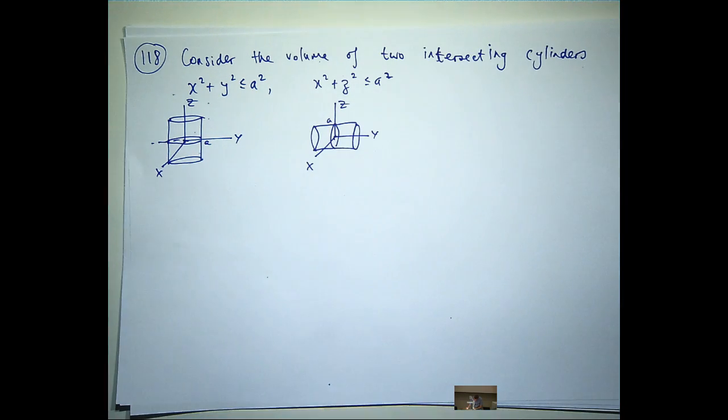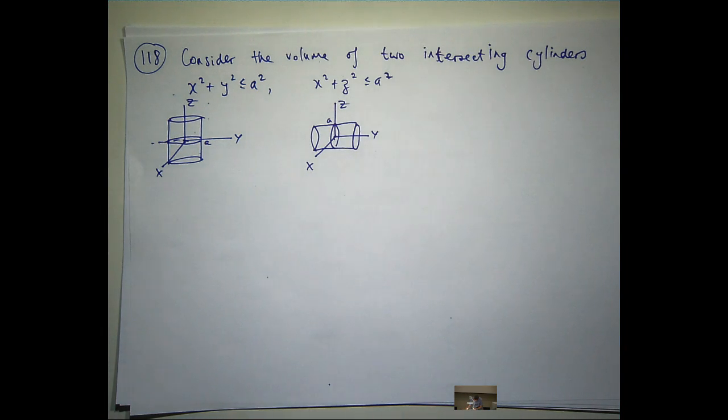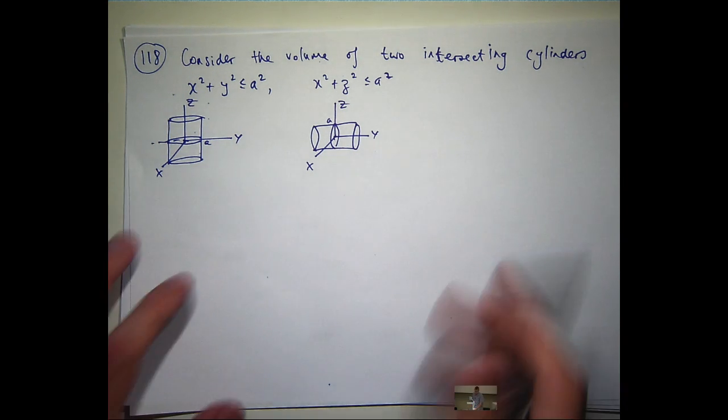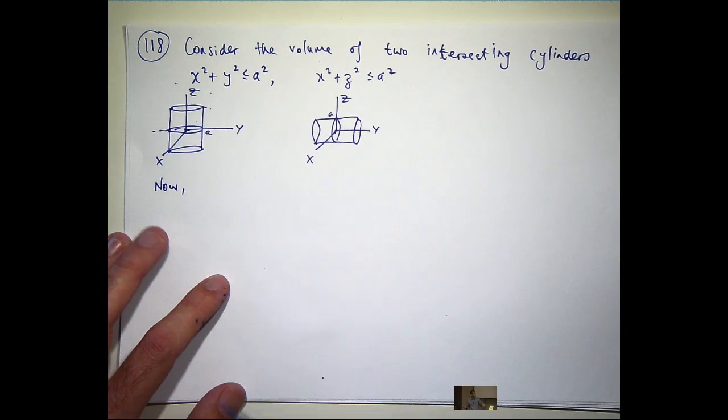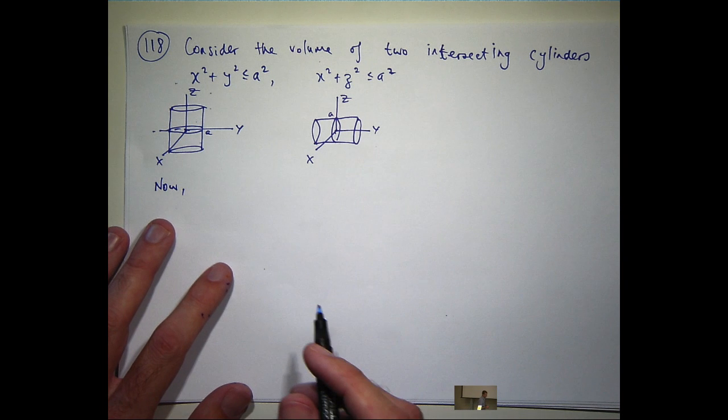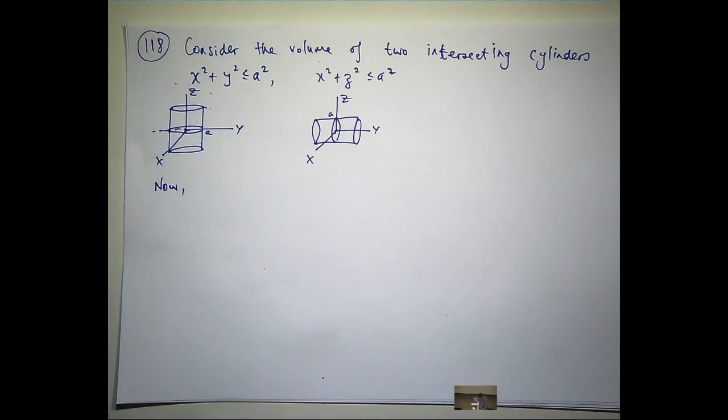So let's see if we can clarify our ideas here. I'm only going to consider the intersection in the first octant. In other words, where x, y, and z are all non-negative.